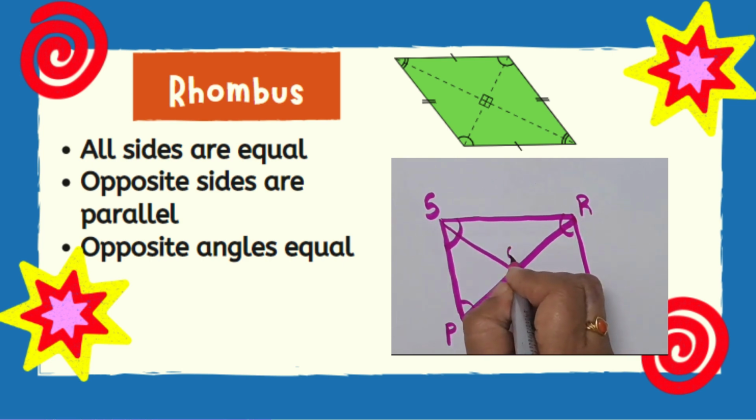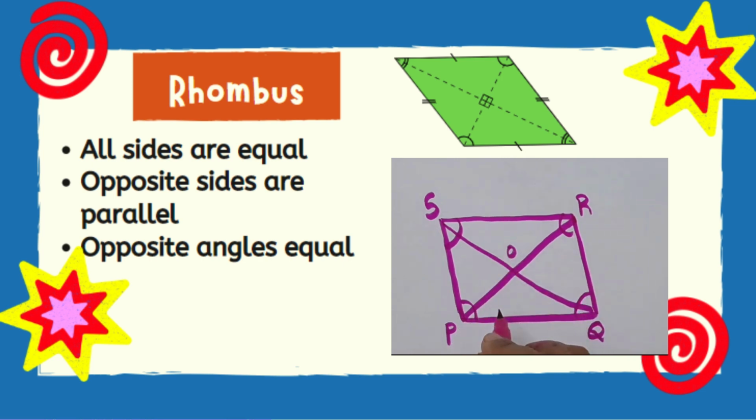Let's say they intersect at a point O. Diagonals bisect each other means PO is equal to OR and SO is equal to OQ. So the conclusion is a rhombus is also a parallelogram, but the additional property in a rhombus along with the parallelogram properties is that all four sides are equal.